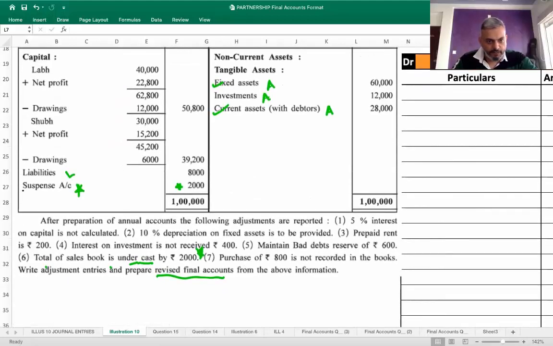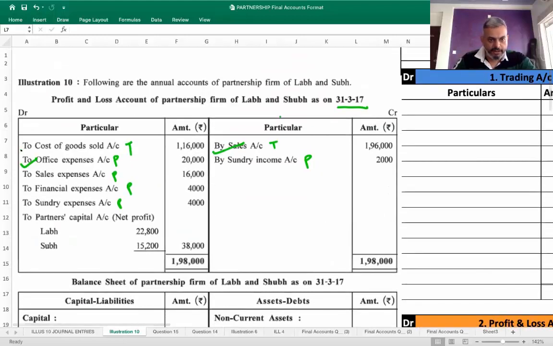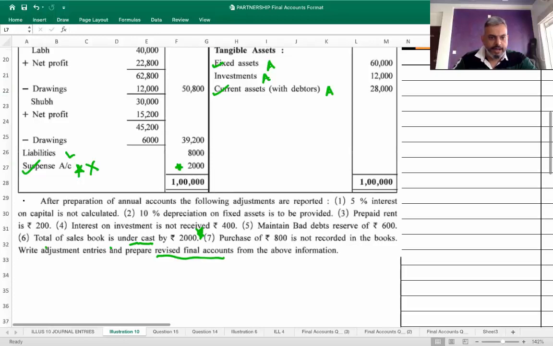Suspense को भी टिक करना है because now it will go away और इसको हम cross कर देते हैं, record करने की जरूरत ही नहीं है. Purchase of 800 is not recorded in the books, so take cost of goods sold and liabilities, creditors. Write adjustment entries and prepare revised final accounts from the above information. So we have to prepare everything revised now.